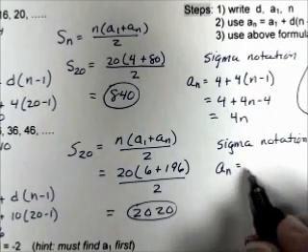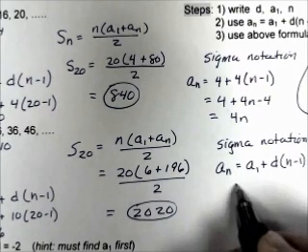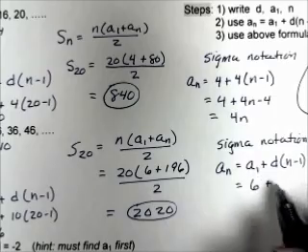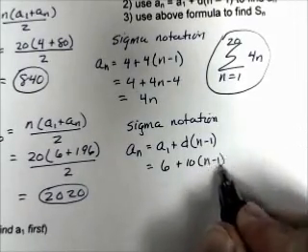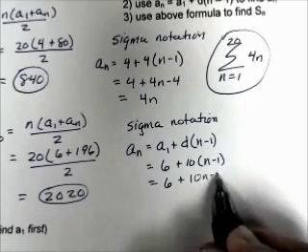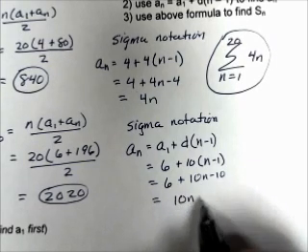A sub n equals A1 plus D times n minus 1. The first term is 6. Our D value is 10. Distribute 10: 6 plus 10n minus 10. So this is 10n minus 4.